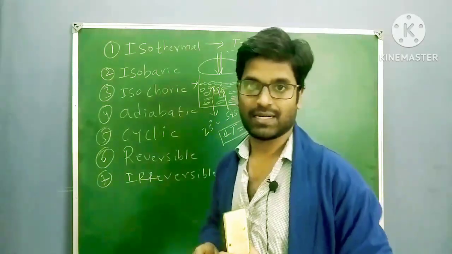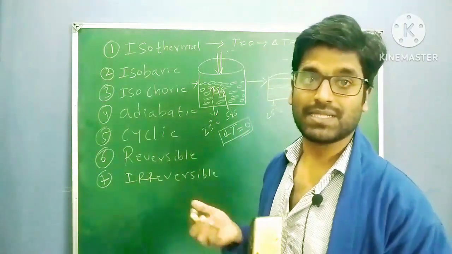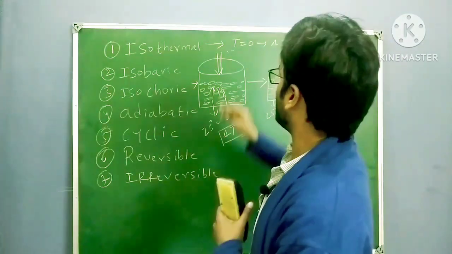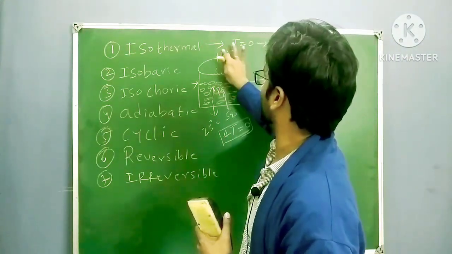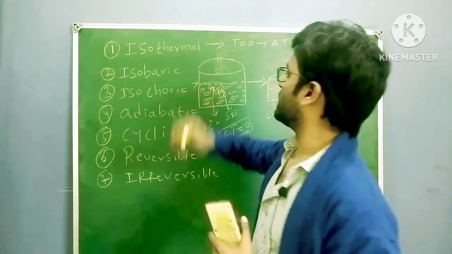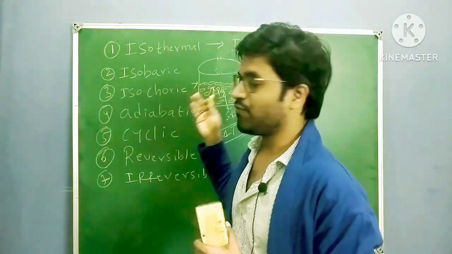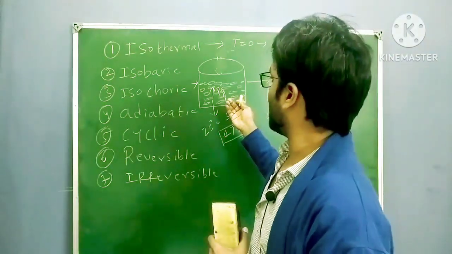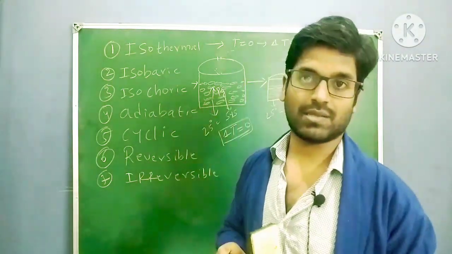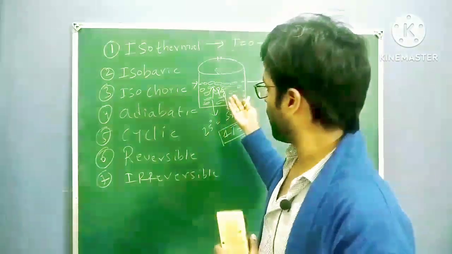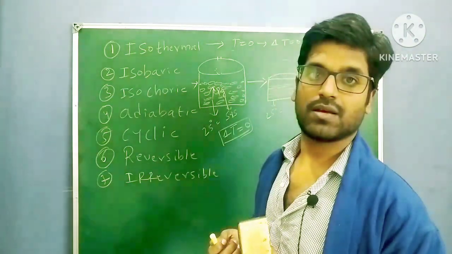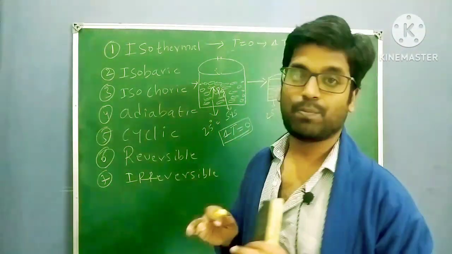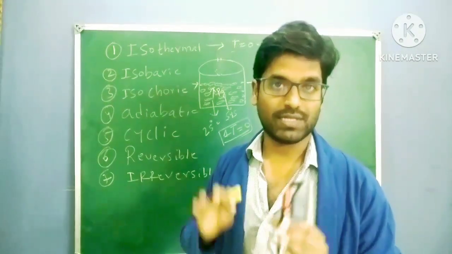What is isobaric? An isobaric process means pressure is constant. I'm not applying any pressure from the outer side. Now I fixed the pressure of the system. So even after performing something on the system, even after some operation, pressure is constant.